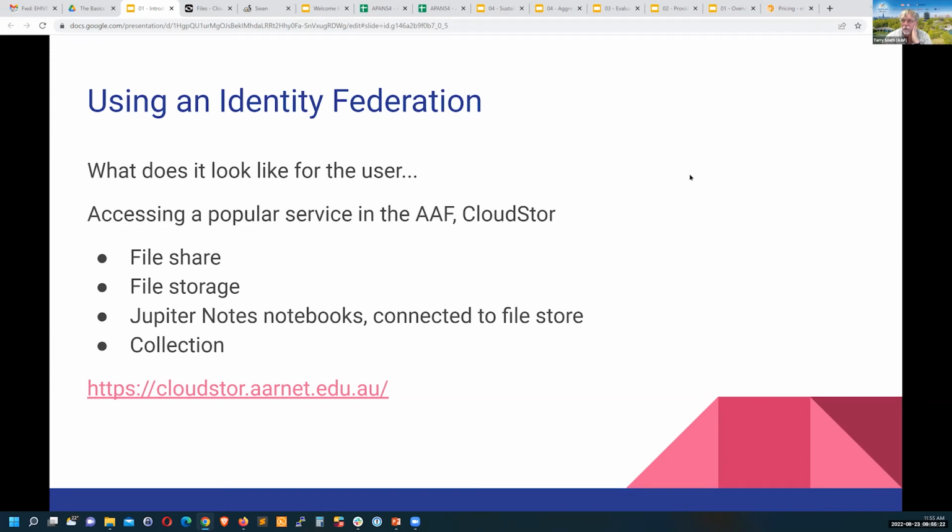But I'm trying to work with ARNet to provide more information about what's inside of ARNet's CloudStore, what the component pieces are, and we'll probably set up some sort of demonstration video that you can take to your researchers and say, here, have a look at this video. Is this something that would be of interest to you as a researcher? So it's sort of a pre-canned, pre-cooked demonstration of it.